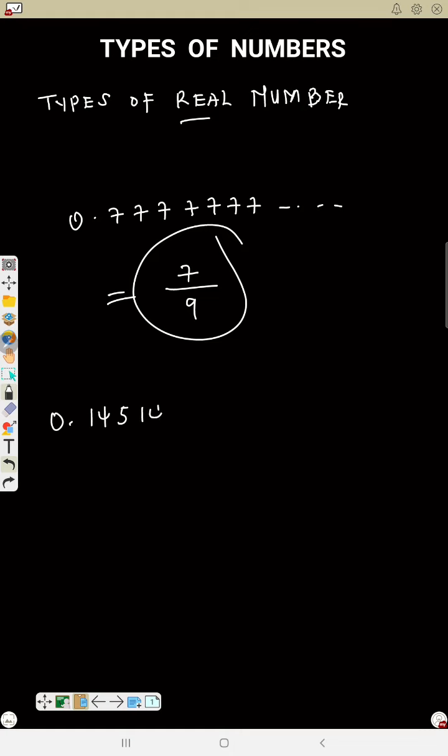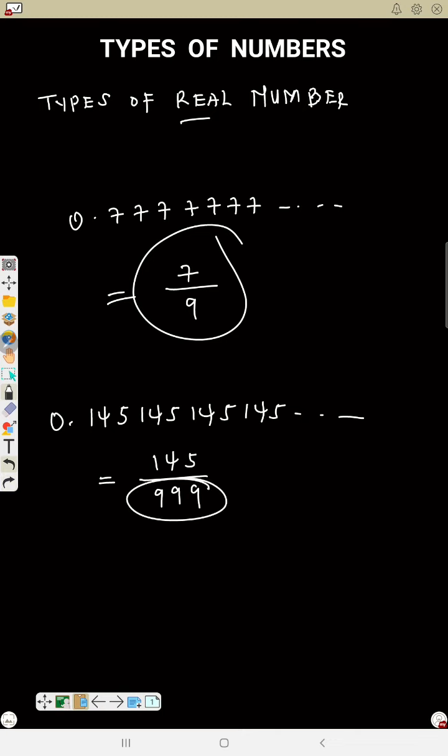Now look at this. 0.145 145 145 continue. So how can I change this to fraction? How many numbers are repeating? 3. So this will be 145 divided by 999. That is 999. The number of numbers that are repeating will determine the number of 9s.